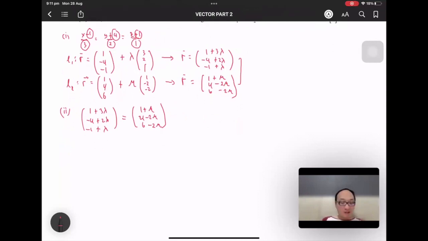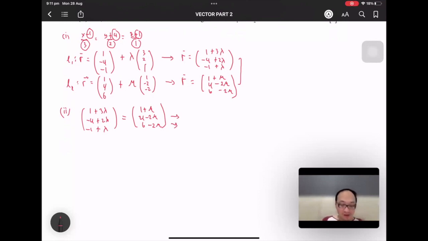Now we have to solve the simultaneous equations containing lambda and mu from these coordinates. So I can use the second one and the third one.